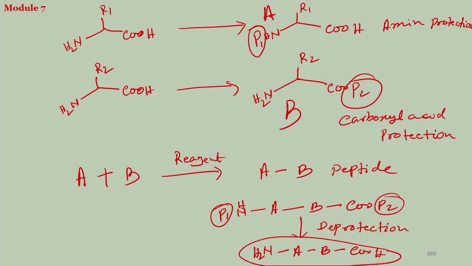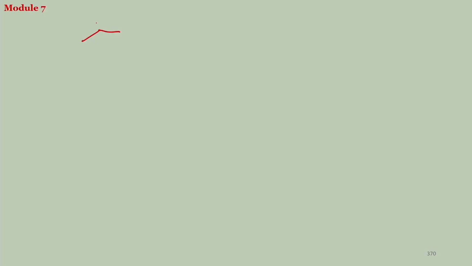This is for dipeptide. Now, if you want to go for the longer chain peptide sequences, then what are the possibilities to do them? You have R1, acid, NH2. So, first step, what you can do, of course, you have to protect the amine. Leave this on.